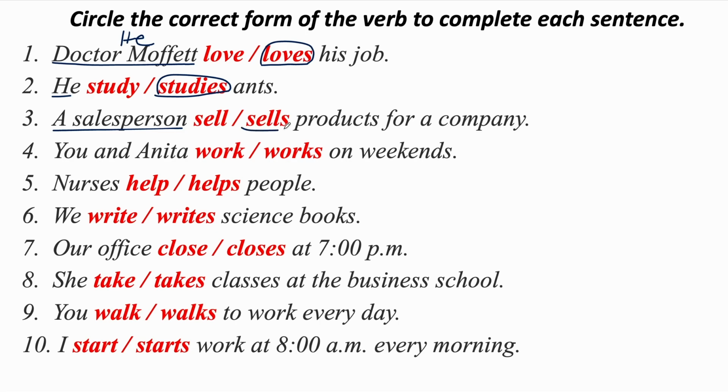That means sells. A salesperson can be she or he. Perfect. You and Anita work on weekends. Now you and Anita is not a single person anymore, it's plural, so work.